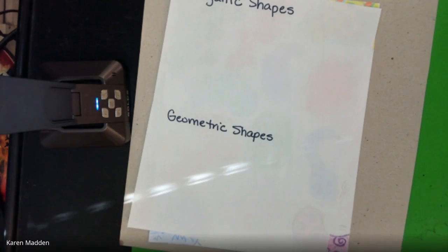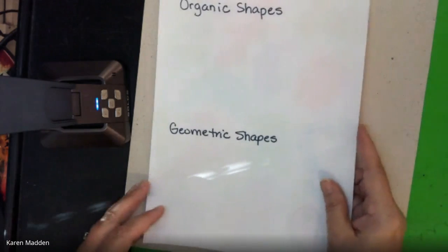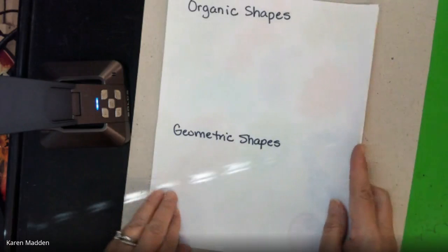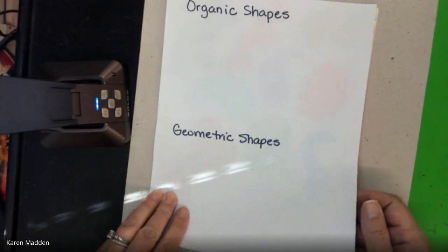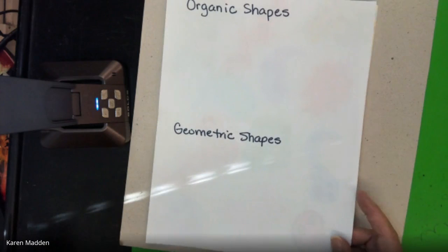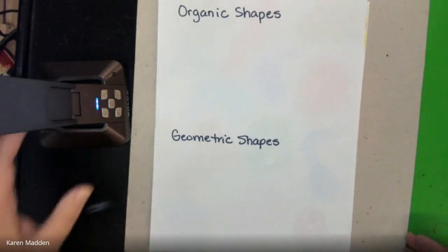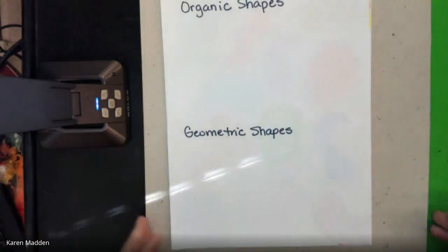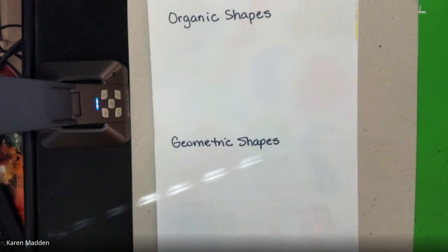Okay, so for this lesson, let's talk just a minute about organic and geometric shapes. Organic shapes are shapes that we might see in nature. I think about leaf shapes, or maybe a spiral shape of a snail, or maybe even a branch shape.